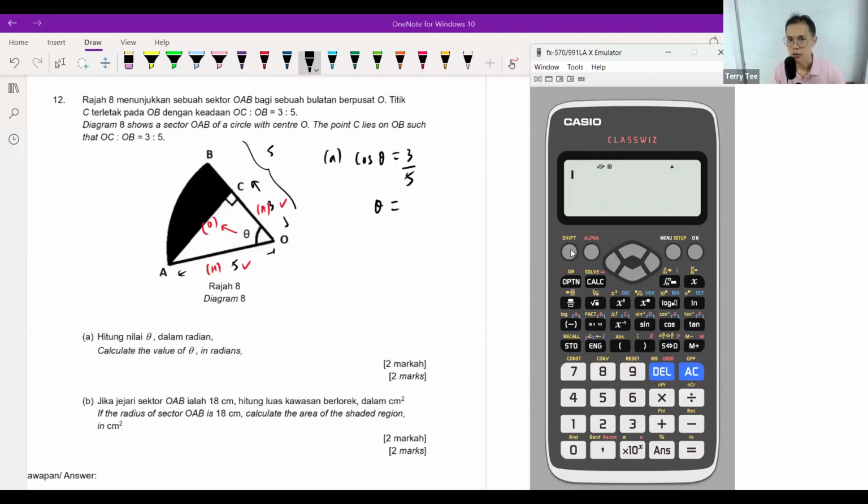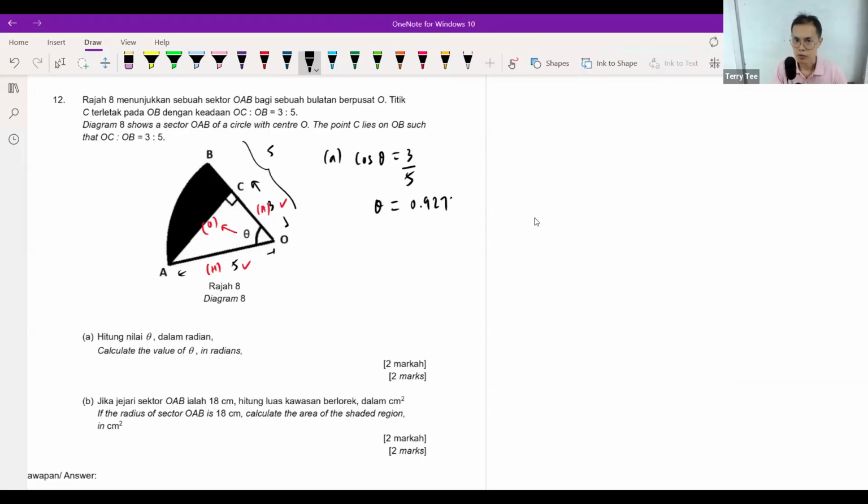Press shift menu, go to number 2 angle unit, go to number 2 for radian. Shift cos 3/5. Your answer is 0.9273. This answer is in radian. So you don't have to use degree mode and convert to radian, which is very long. You don't need to do that.